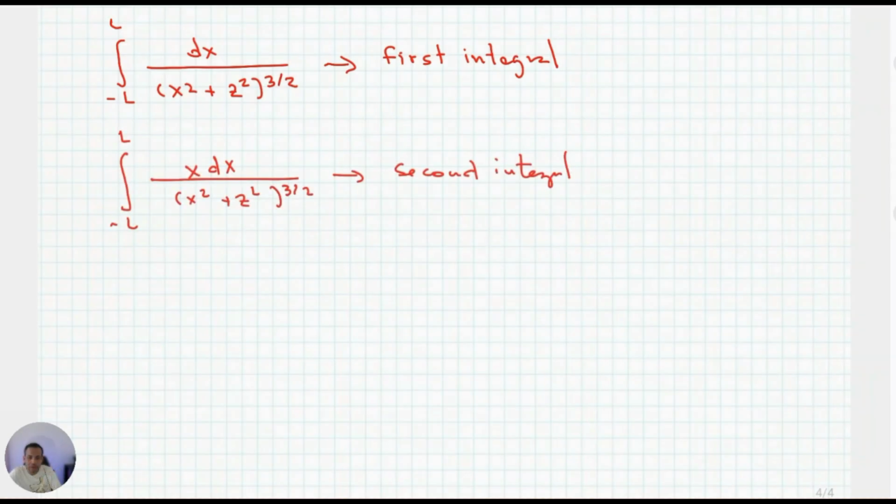Now we see the second integral. The second integral gives the horizontal component, but the rod is symmetric. So for every charge element at x, let's say we have a charge element at x, we will have another charge element at minus x. And those components, they will cancel each other.